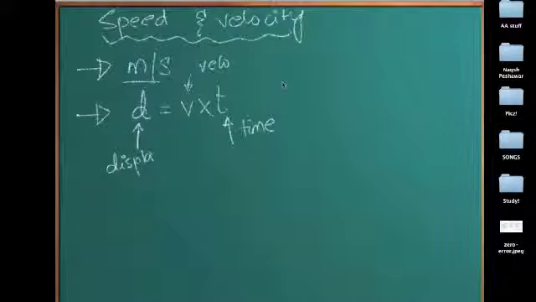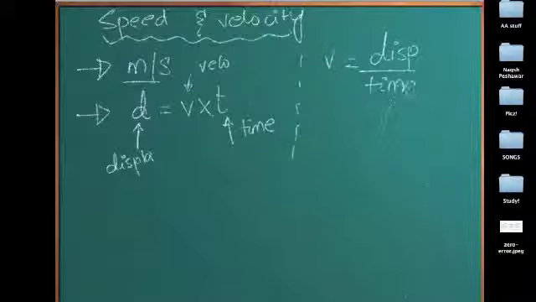So displacement is equal to velocity into time. If you want the displacement, you can just multiply velocity and time. If you want velocity, then you can simply switch the formula and it will be displacement divided by time. And if you want time, you can simply use displacement over velocity. So this is a formula.